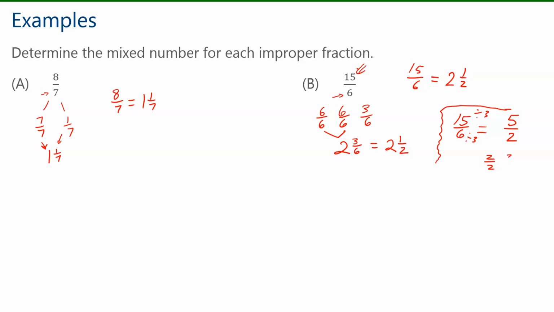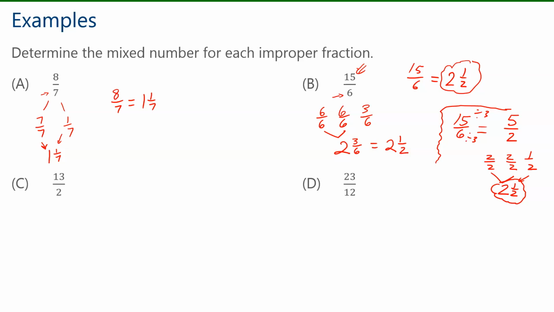And then I can get another 2 out of 2, because 2 plus 2 is 4, and I have one more piece left over. So the two 2 out of 2 parts give me 2 wholes, and the remaining 1/2. Same answer as what we had previously, just a different way of looking at it. Either way, fine.